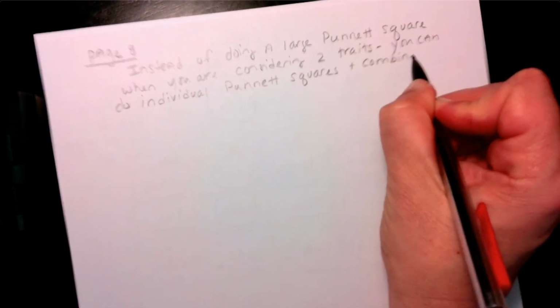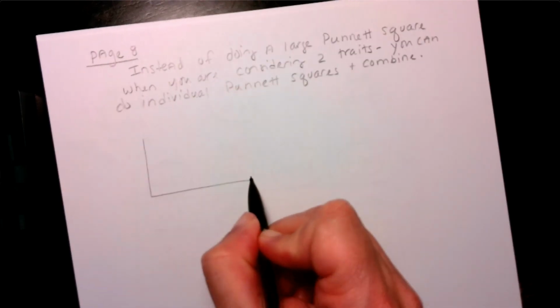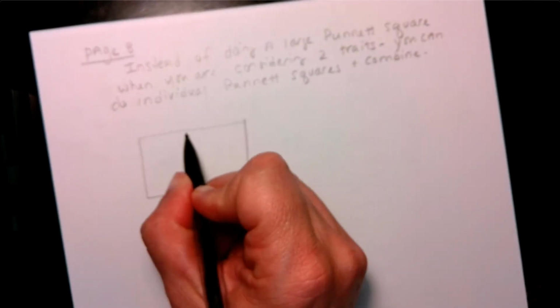All right. So let me show you what that means. You're going to love this. We're going to draw two small, normal, monohybrid looking Punnett squares.